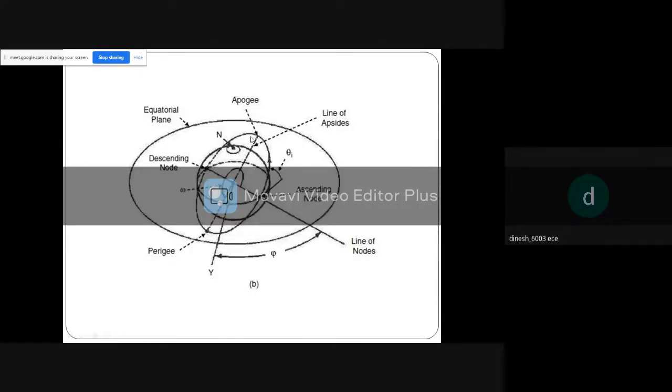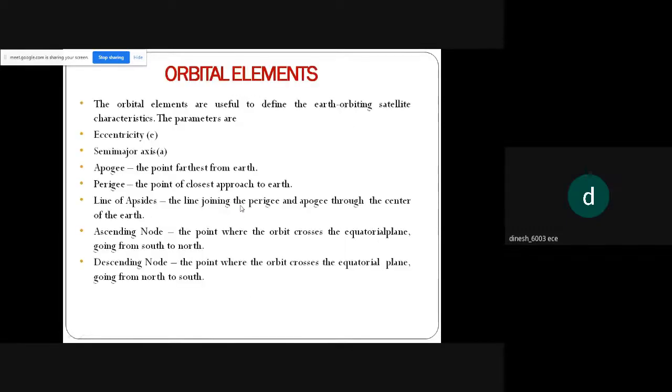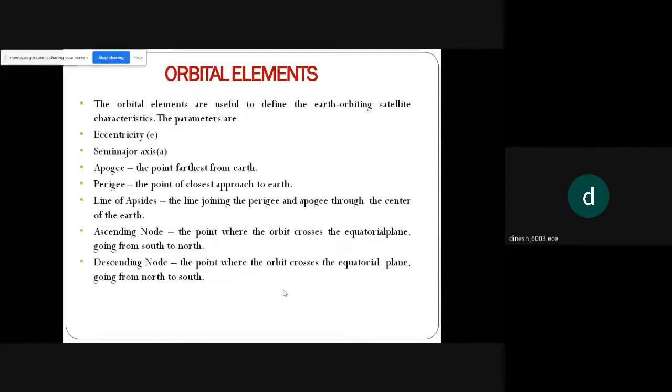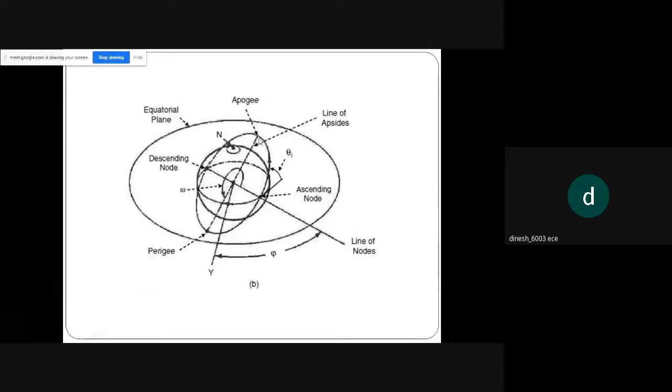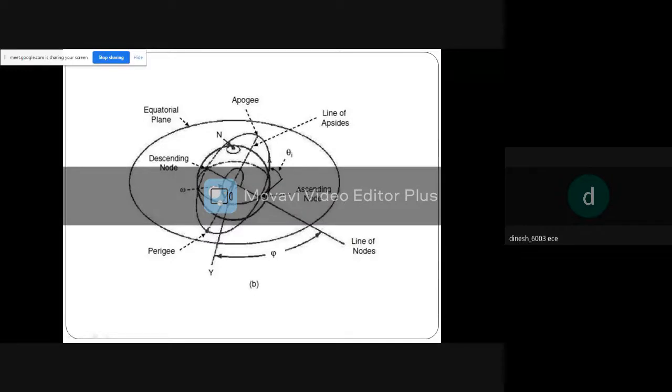The line joining the perigee and the apogee through the center of the Earth is called the line of apsides.